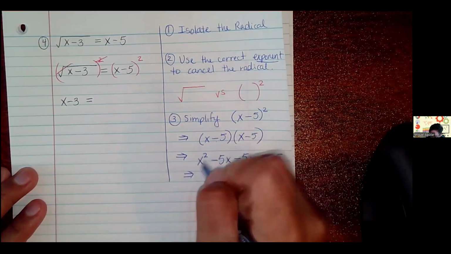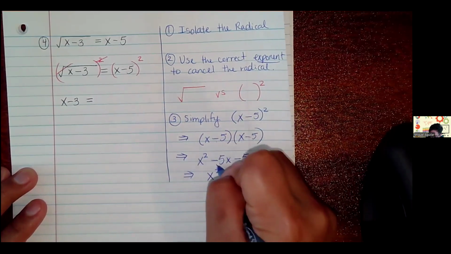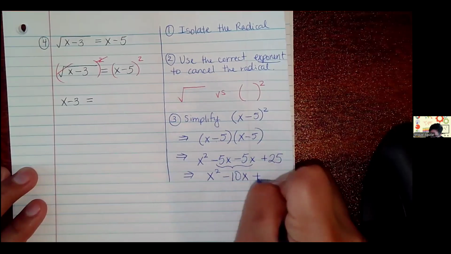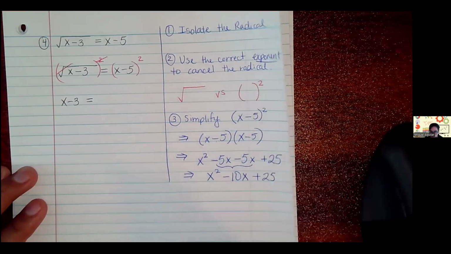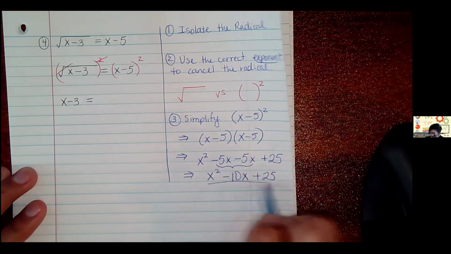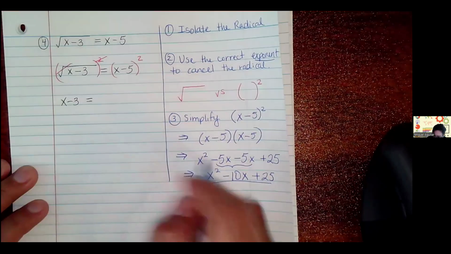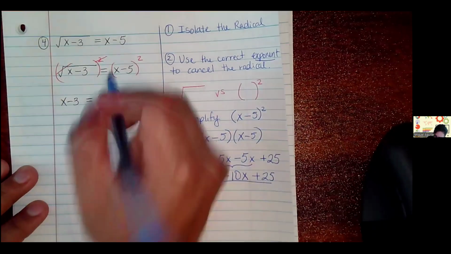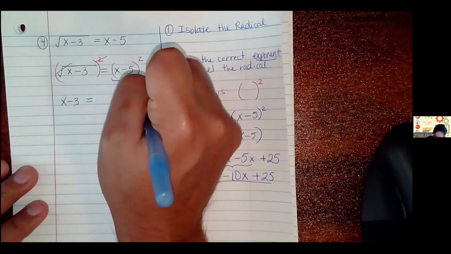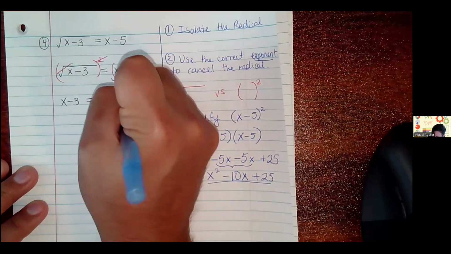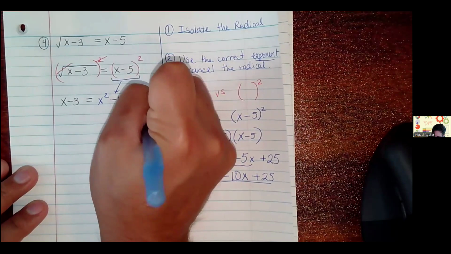Combining like terms, we'll have x squared, and then these two middle terms combine to negative 10x plus 25. Okay, so this expression right here, x squared minus 10x plus 25, we're going to now replace this x minus 5 squared with x squared minus 10x plus 25.